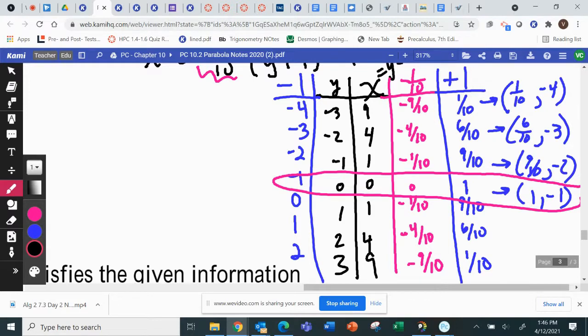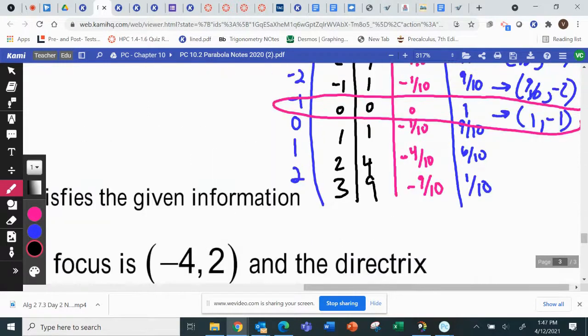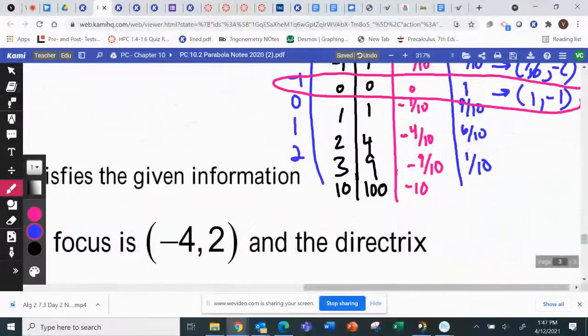If I plug in 10 for Y, is that what you're saying? The first number, if I plug in 10? Yeah. If I plug in 10 for Y and I square it, I get 100 for X. And then I multiply that by -1/10, I get -10. And then what do I do? I add 1.